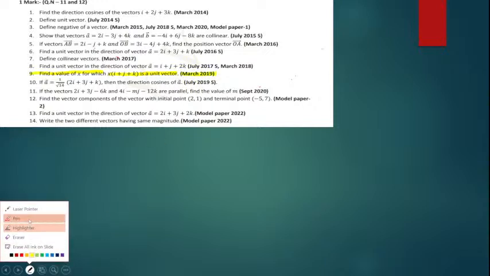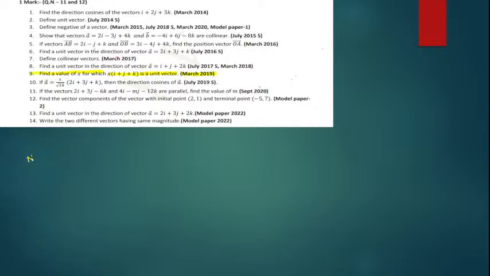It is also a miscellaneous exercise question, and they have asked the same question in 2019 also. So the question is, you need to find the value of x if x times i cap plus j cap plus k cap is a unit vector.